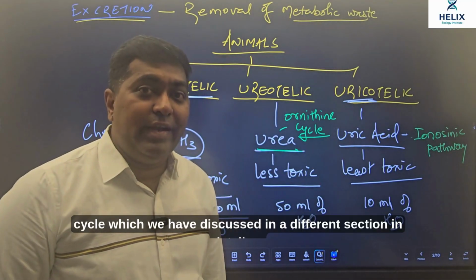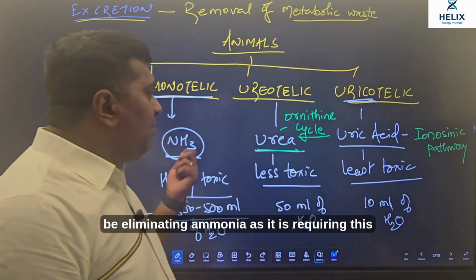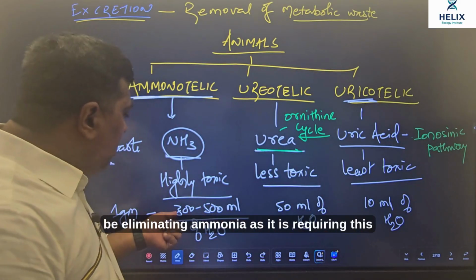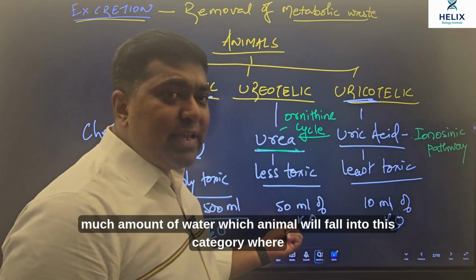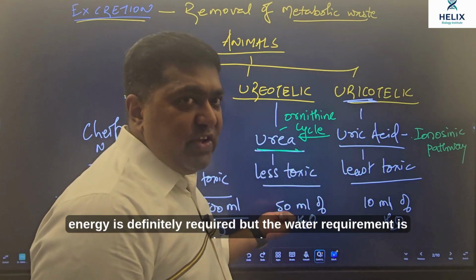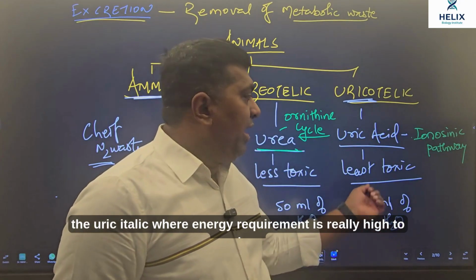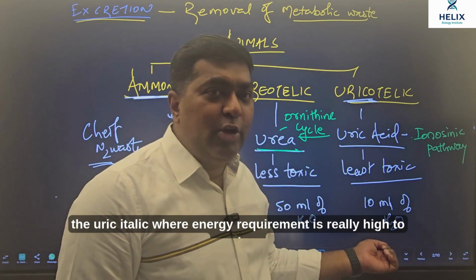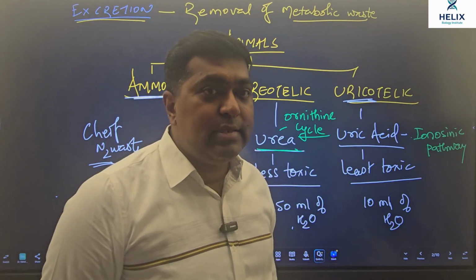which we have discussed in a different section in detail. So let us understand which animal will be eliminating ammonia as it is, requiring this much amount of water, which animal will fall into this category where energy is definitely required but the water requirement is less, and the uricotelic where energy requirement is really high to produce uric acid and to eliminate it, but the water requirement is least.